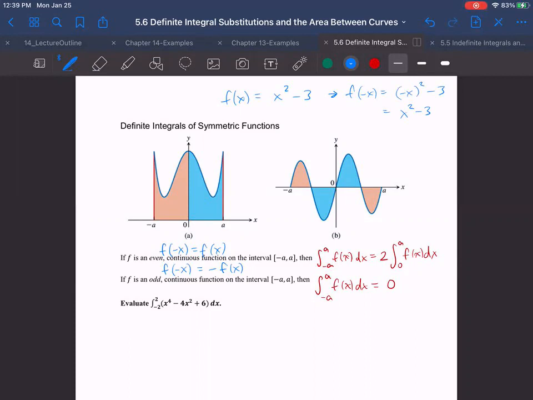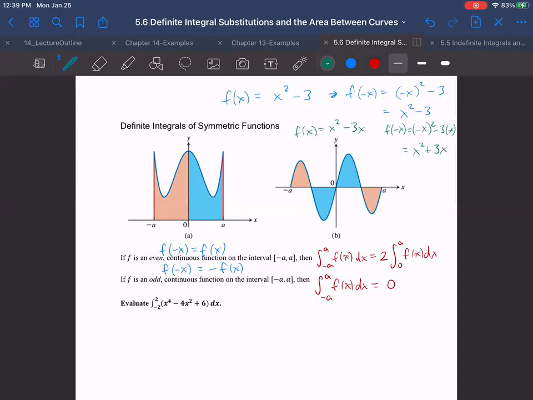But if you have something like, let's say we have f of x equals x squared minus 3x, and you try f of negative x, you get negative x squared plus or minus 3 times negative x, right? And then that becomes x squared plus 3x.